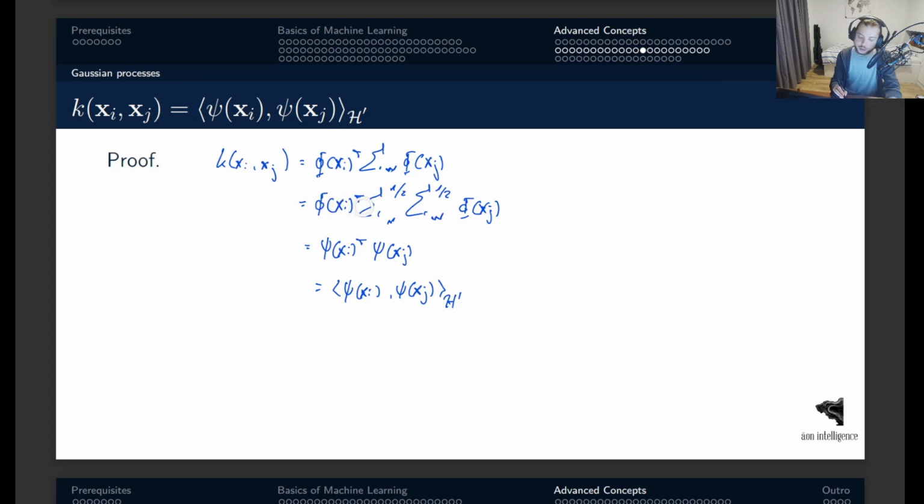And the covariance matrix goes to the right and is also transposed. But since this is symmetric, we don't need the t explicitly, and we are left with this expression. And then we have psi xi transpose times psi xj. And this is just the inner product of these two feature map observations for the feature map psi in the reproducing kernel Hilbert space induced by these feature maps.